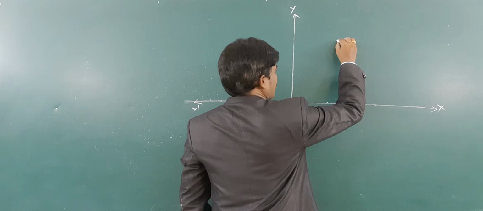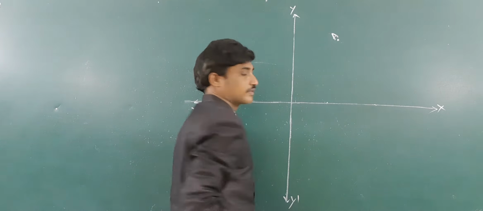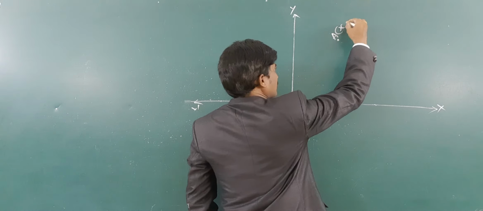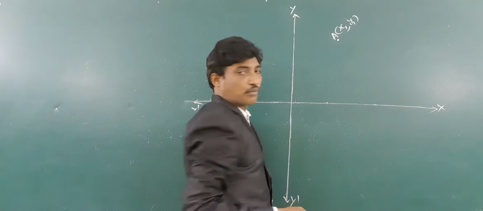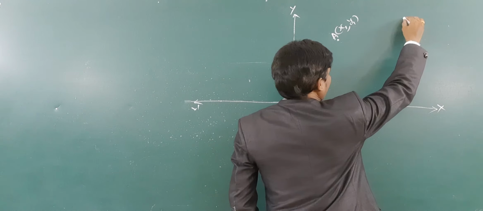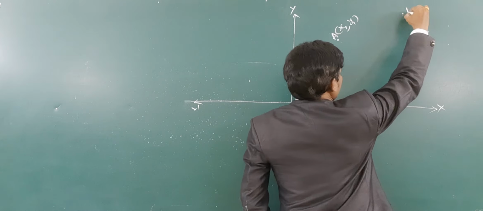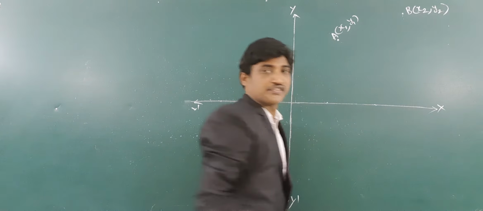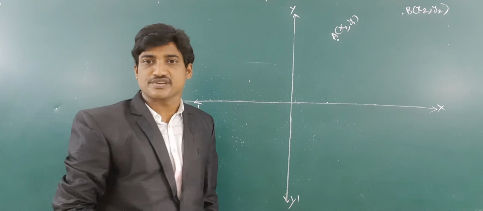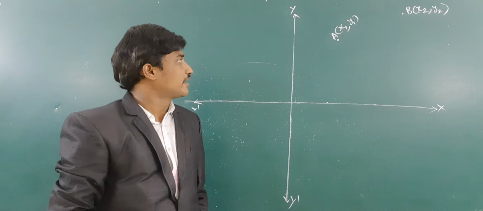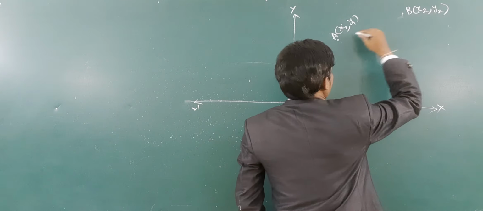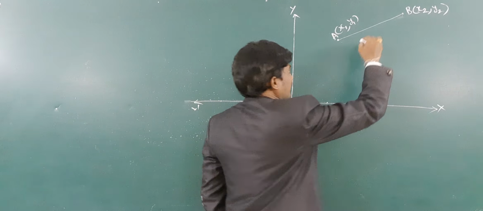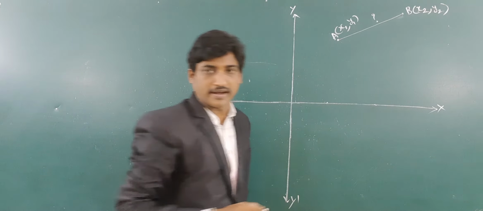One is A(x1, y1) and the other point is B(x2, y2). Here let me join AB. This distance AB we need to find.